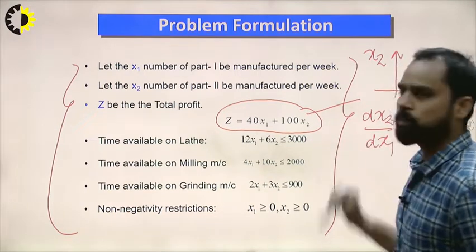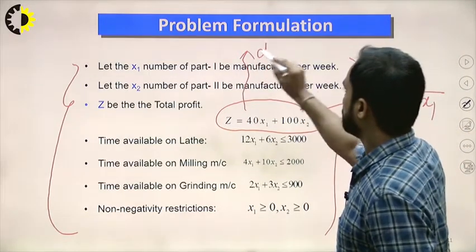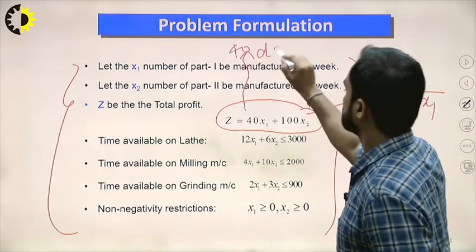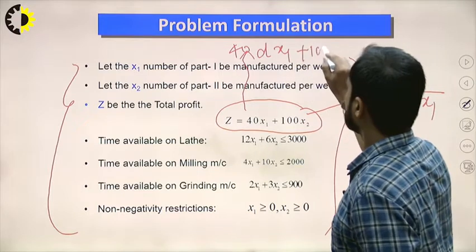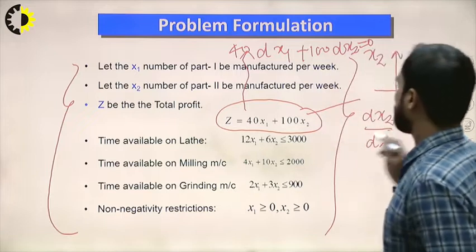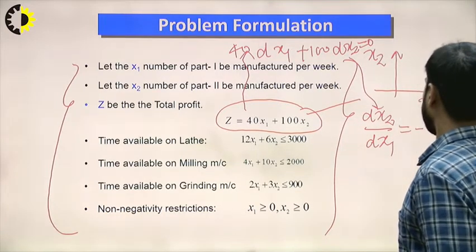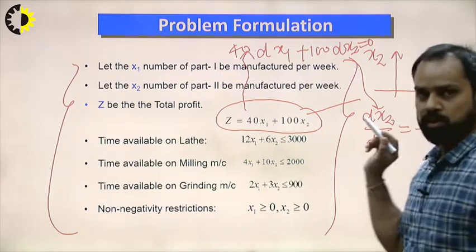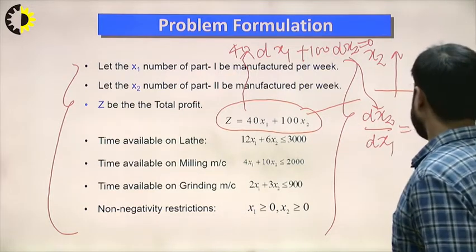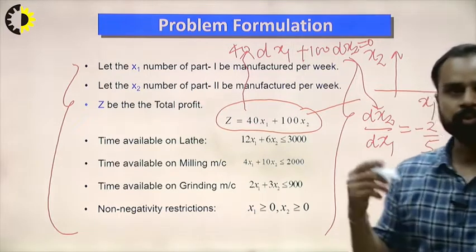Differentiating it, we get 40 dx1 plus 100 dx2 equal to 0. So dx2 over dx1 is minus 40 upon 100, which is minus 2 upon 5. That is the slope of the objective function.